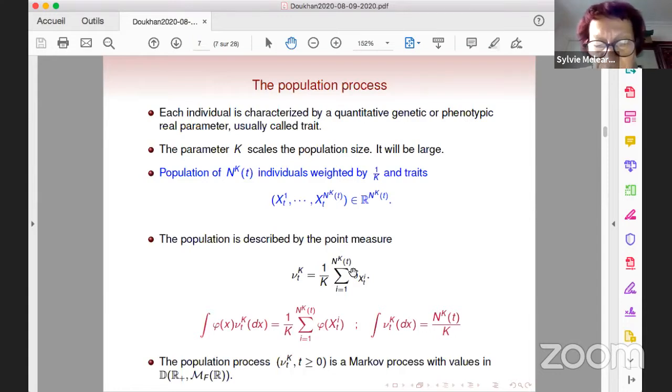Even if I presented pictures with birds, I have to say that my model concerns more asexual individuals, and we will consider a framework where we are in a large population. So imagine, for example, bacteria.